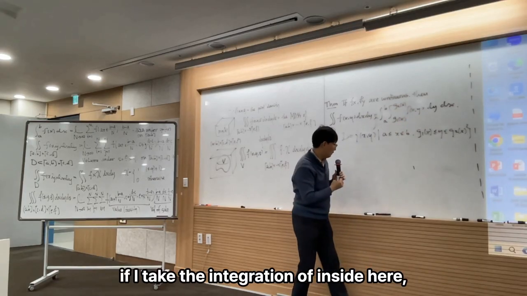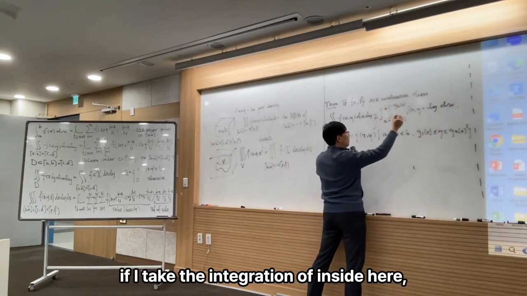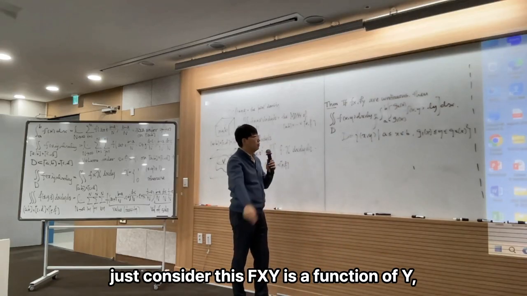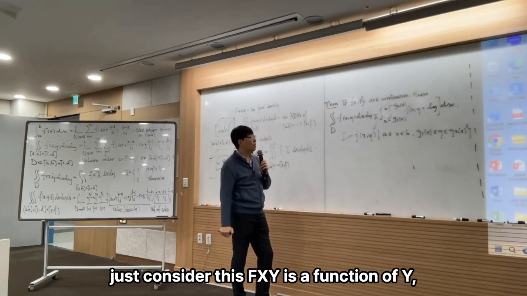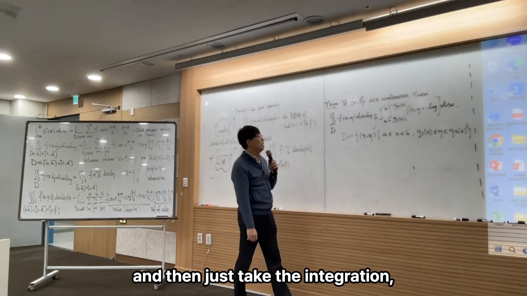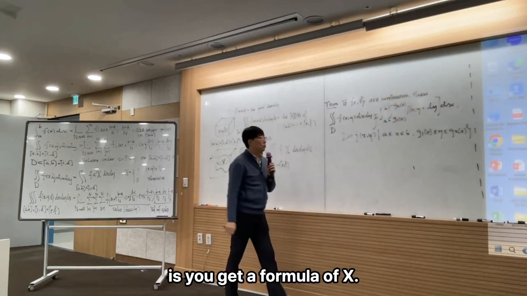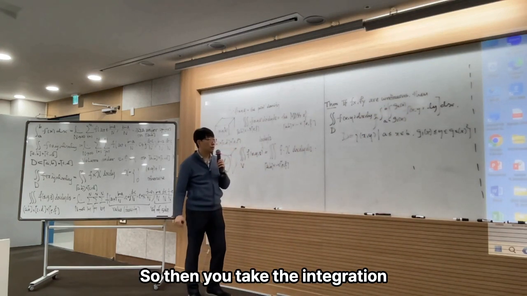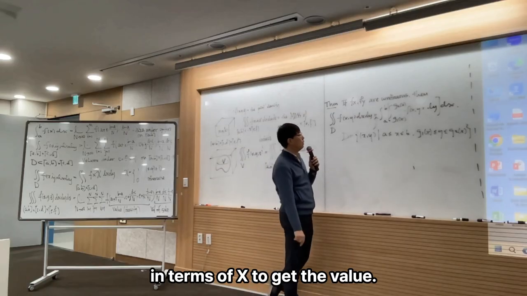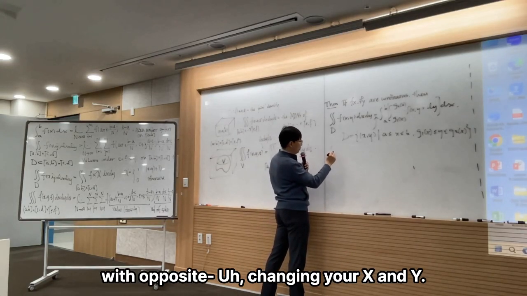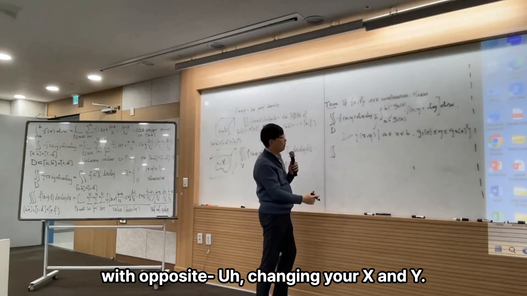So for example, if I take the integration inside here, I take x as if it's a constant. Just consider this f(x,y) as a function of y, and then just take the integration. And then what you get after taking the integration inside is a formula in x. So then you take the integration in terms of x to get the value. So you can do the similar thing with the opposite, changing your x and y.